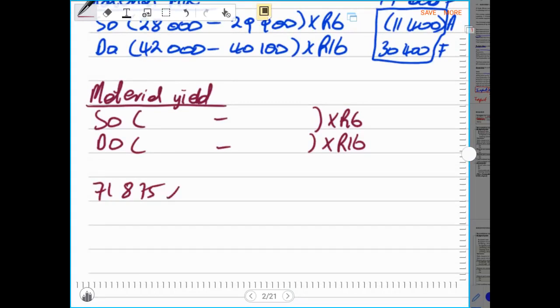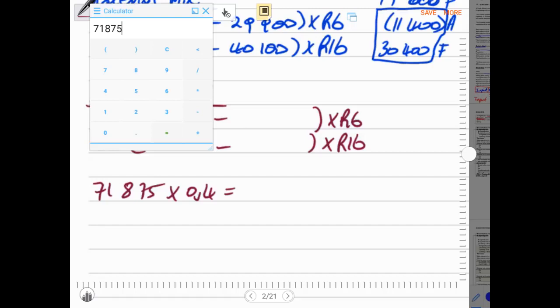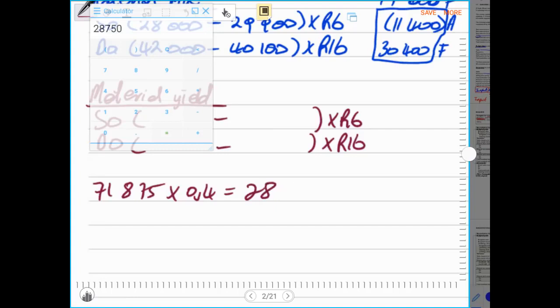So we multiply this by 0.4, and this will give us the input allowed for the output, which becomes 28,750, and this will be for material so.